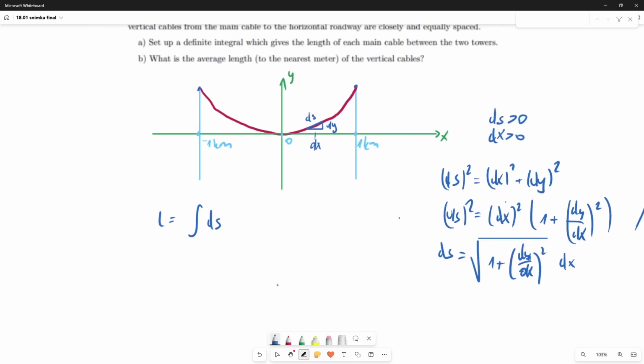So now we know how to integrate over ds using the x-axis as the axis of the integration. So we integrate from x equals minus 1 kilometer to x equals 1 kilometer, and we integrate the square root of 1 plus (dy over dx) squared dx.